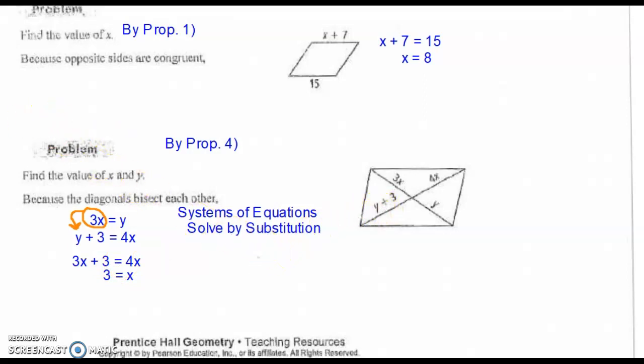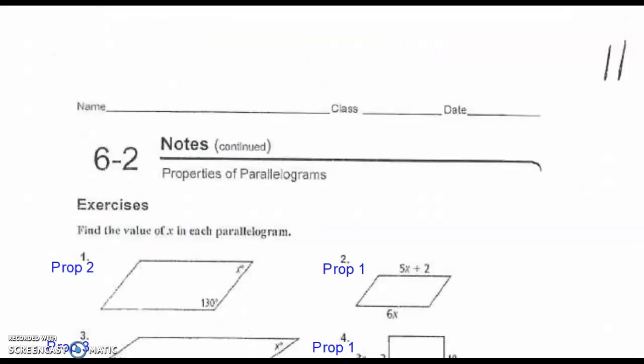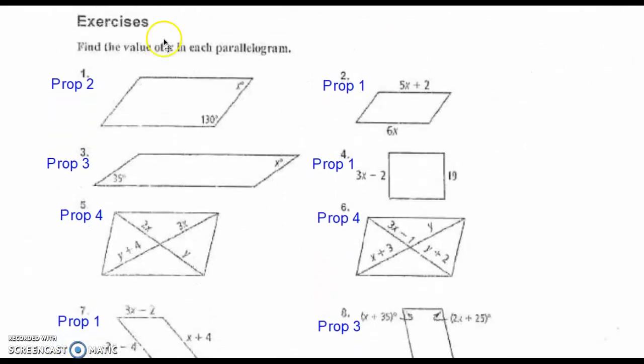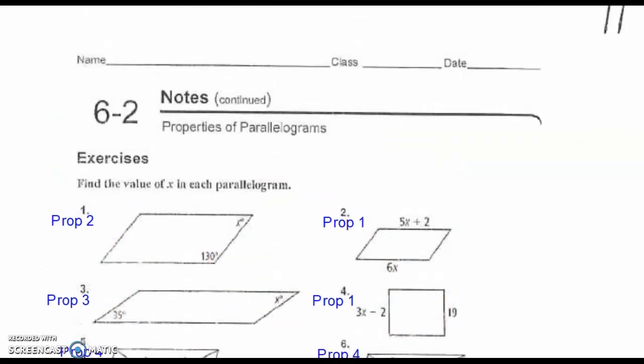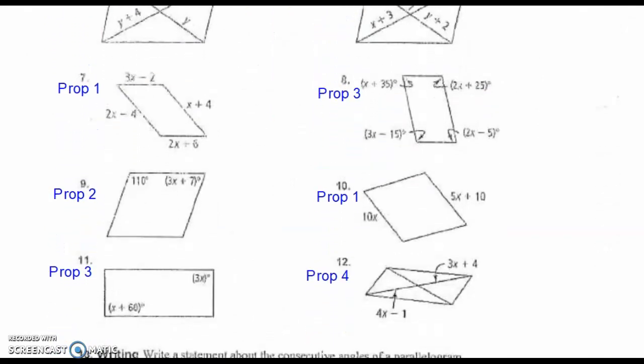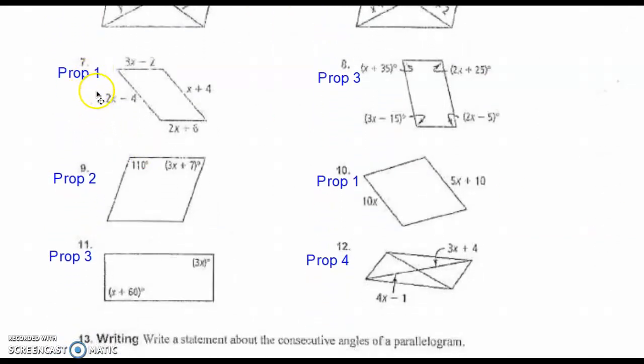On to the next page. I've already listed the properties that are there, and just like the previous 3 examples, you're going to do these problems. So for homework, I would like you to work on all of page 11. And I put these properties here.